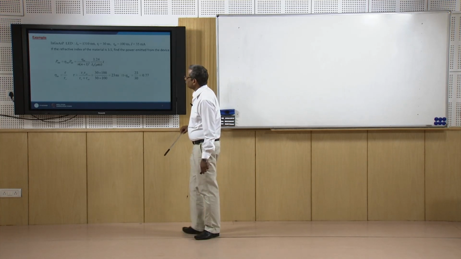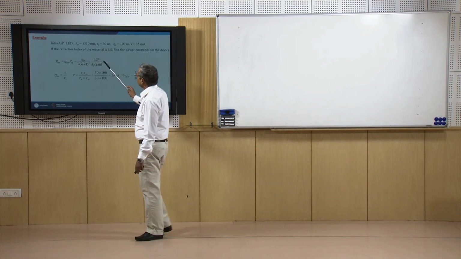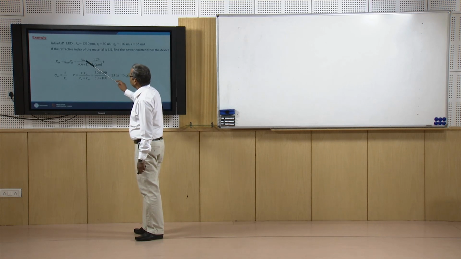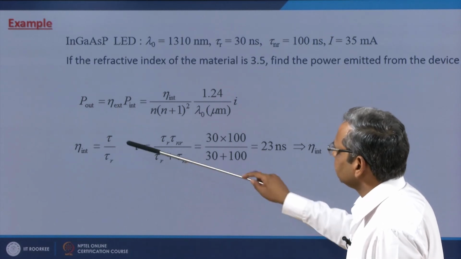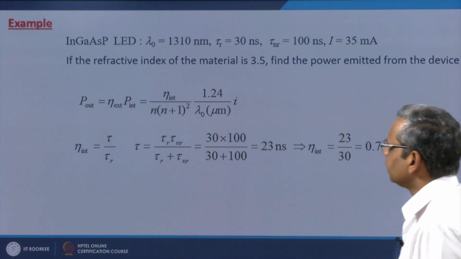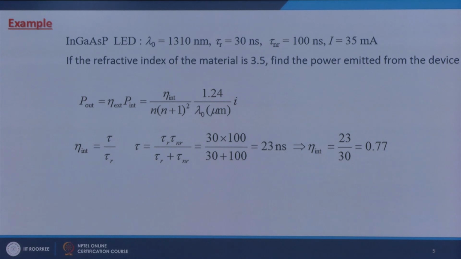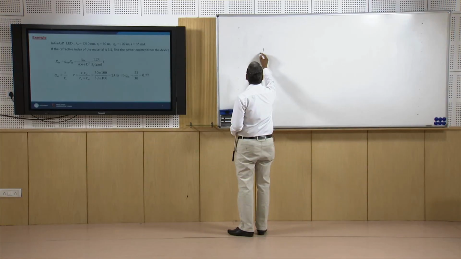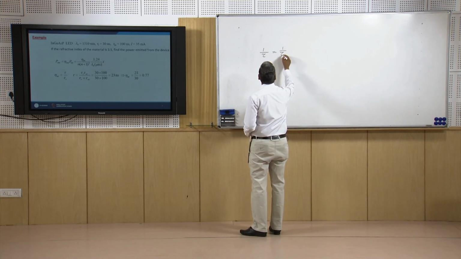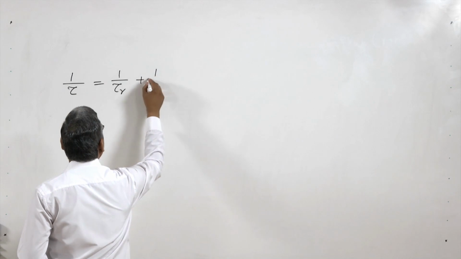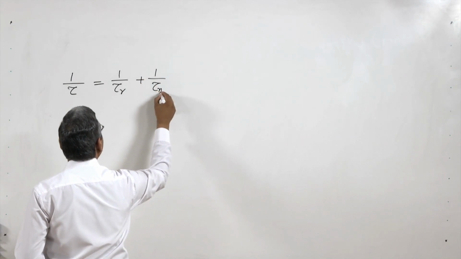Then what I need to now calculate is that eta internal is given by tau over tau r, and I know, if you remember, 1 over tau is equal to 1 over tau r plus 1 over tau nr.